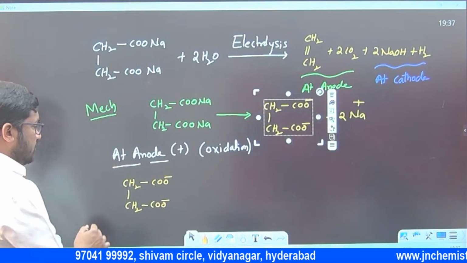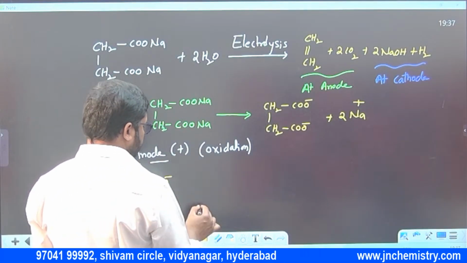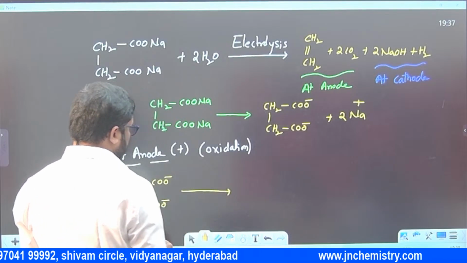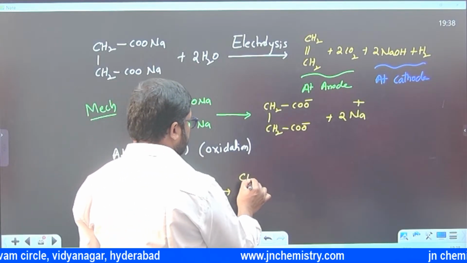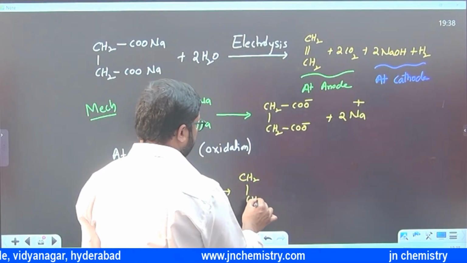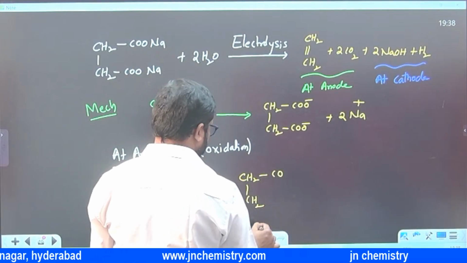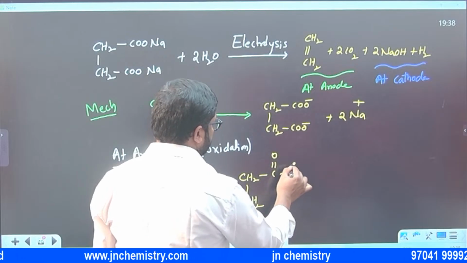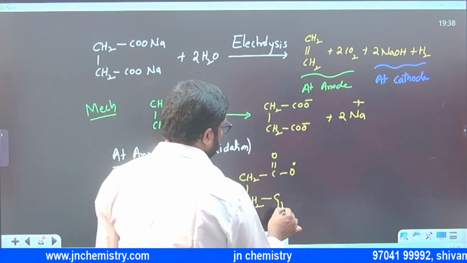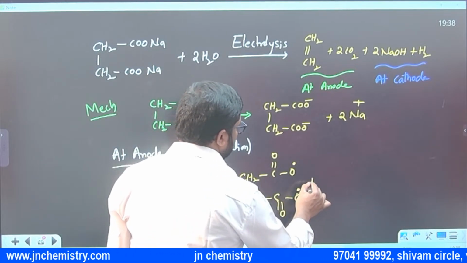Same as before, 2 moles they are just taking. CH2, CH2, COO, so I'm just writing the radical. COO, O radical, C double bond O radical, plus 2 electrons.